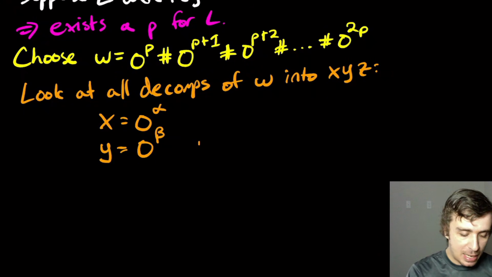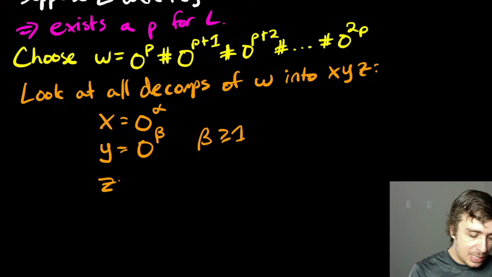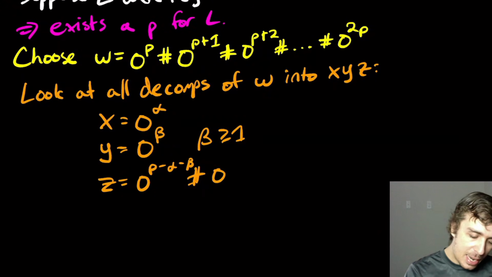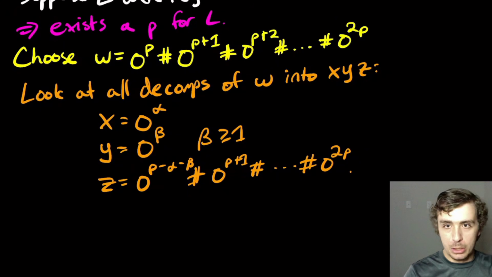It can have any number of zeros as long as it obeys the rules and has at least one. And Z is the rest. Z is going to be P minus alpha minus beta, the number of zeros at the beginning that are left. And I still have all of these other ranges there.